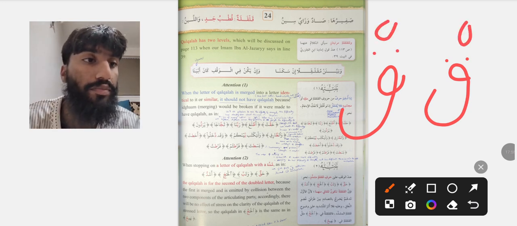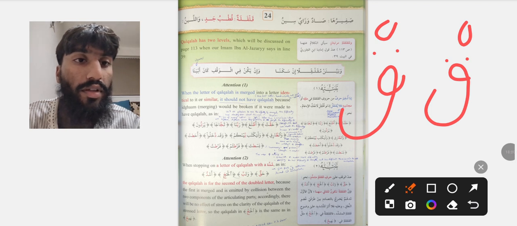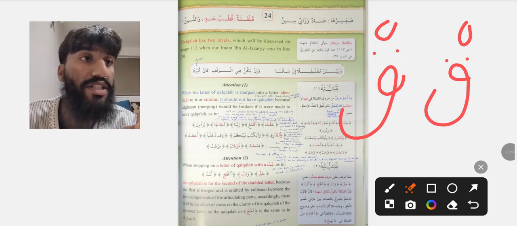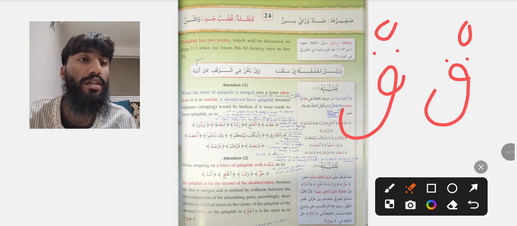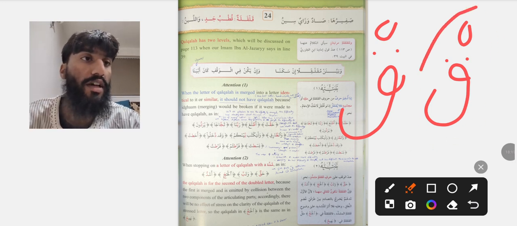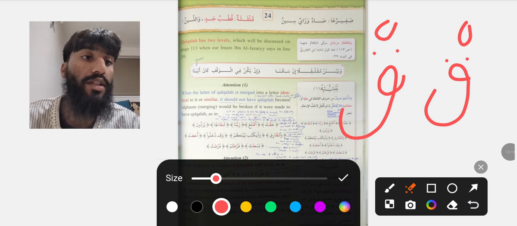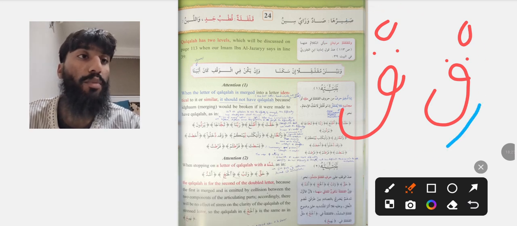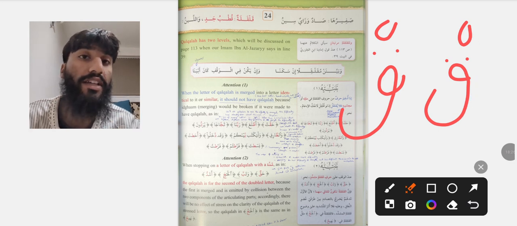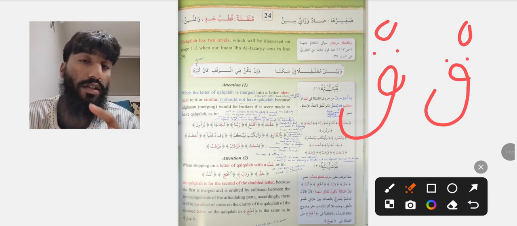So for that reason, the qalqala here is not affected by a shadda. Because this qaf here has got nothing to do with this one. So the shadda that comes through these two did not affect qalqala. It doesn't affect qalqala.